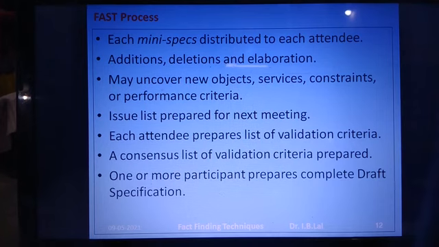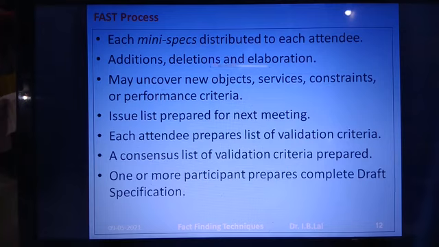Now, each mini specification is distributed to each attendee. Additions, deletions, and elaborations, if required, are made in these mini specifications. The members may uncover new objects, new services, new constraints, or performance criteria during the discussion. Now, for the next meeting, an issue list is prepared.